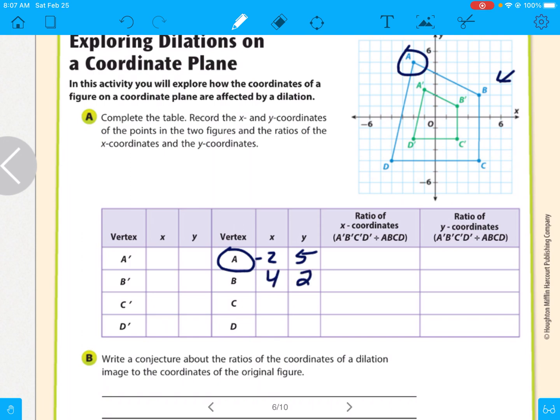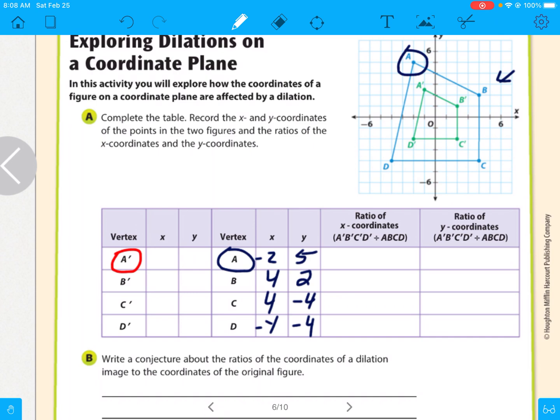I'm just going to fill in the rest of these. C is at 4, -4. And D is at -4, -4. Now I'm going to do the same with the new shape after our dilation. You could tell it's the new one because of the primes. So you have A prime.